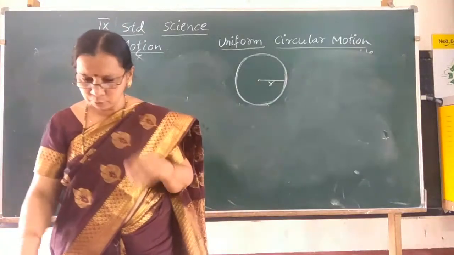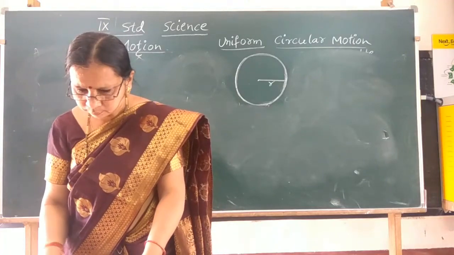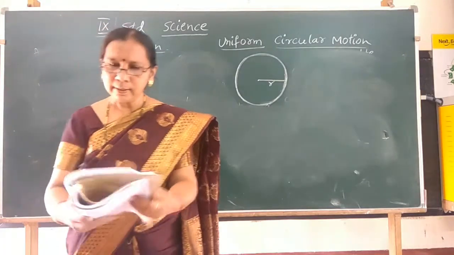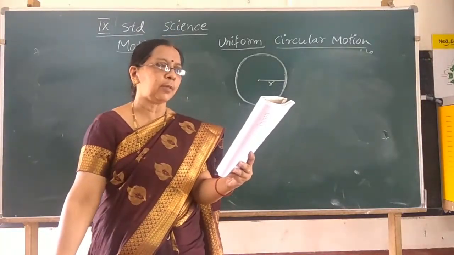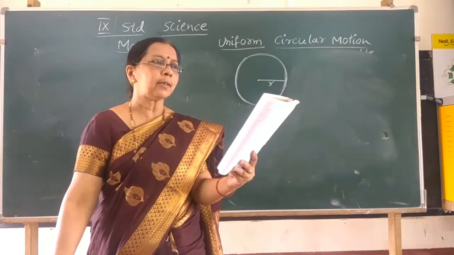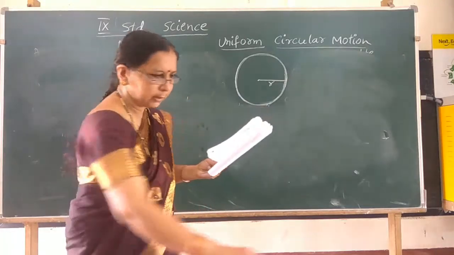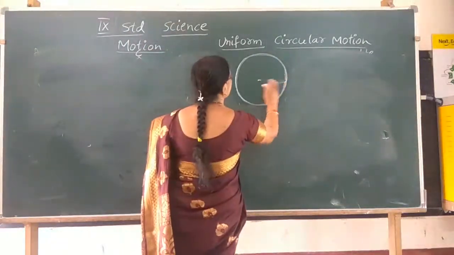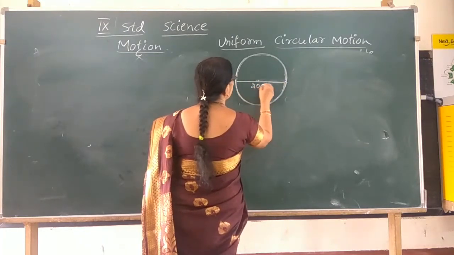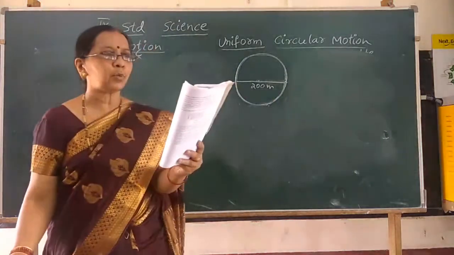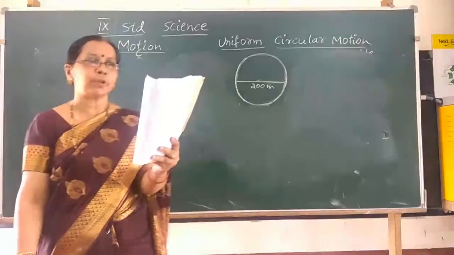Copy the problem from the textbook, page number 112. Look at the first exercise problem. An athlete completes one round of a circular track of diameter 200 meter in 40 seconds.